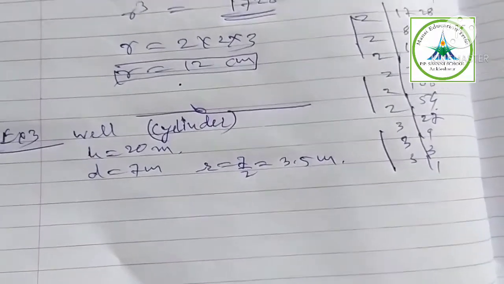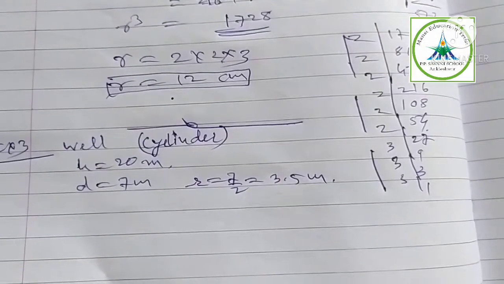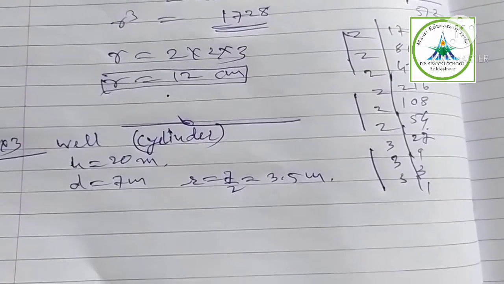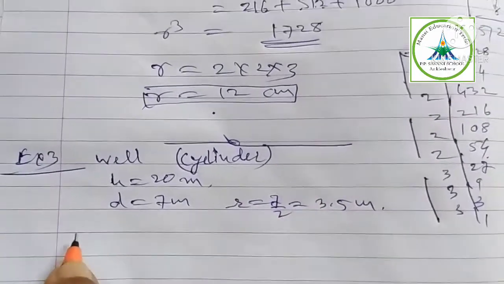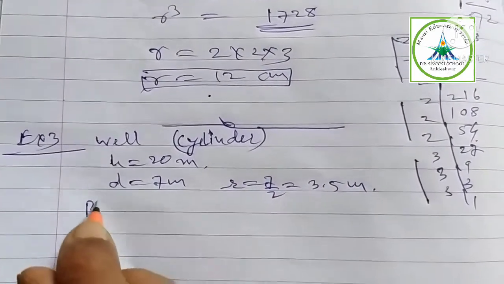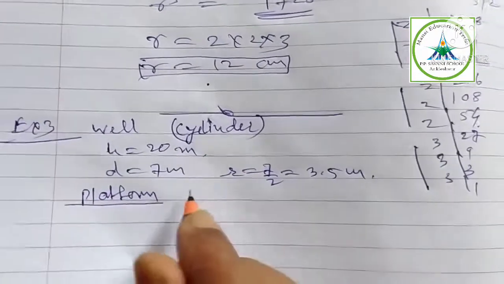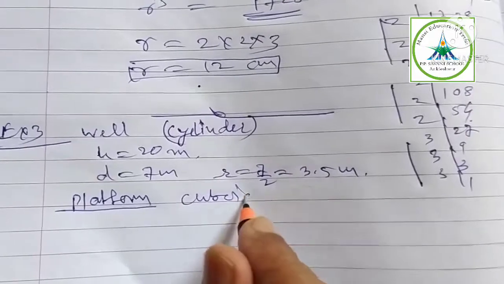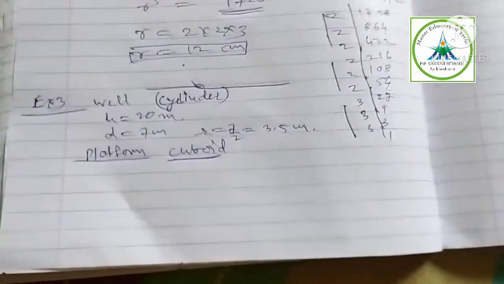Whatever soil is removed by digging the well is spread to form a platform. The platform's length, breadth and height are involved, so that is a cuboid. What is the shape of the platform? Please write down cuboid. See students, all these things are written for understanding, to recall the formula which is useful.